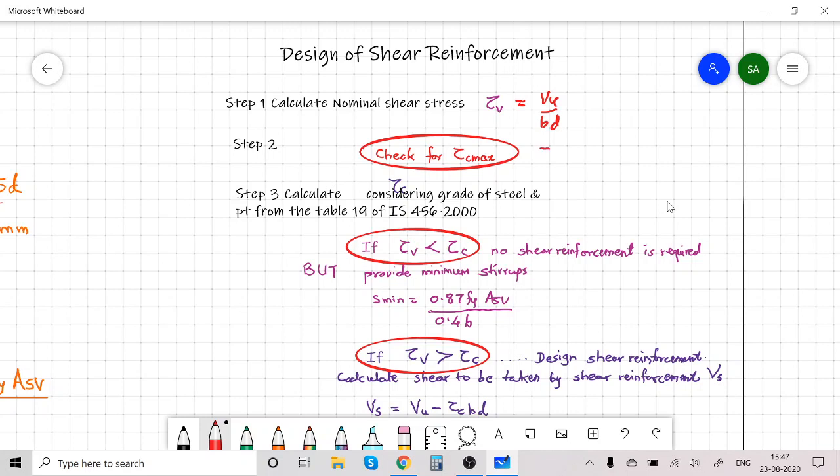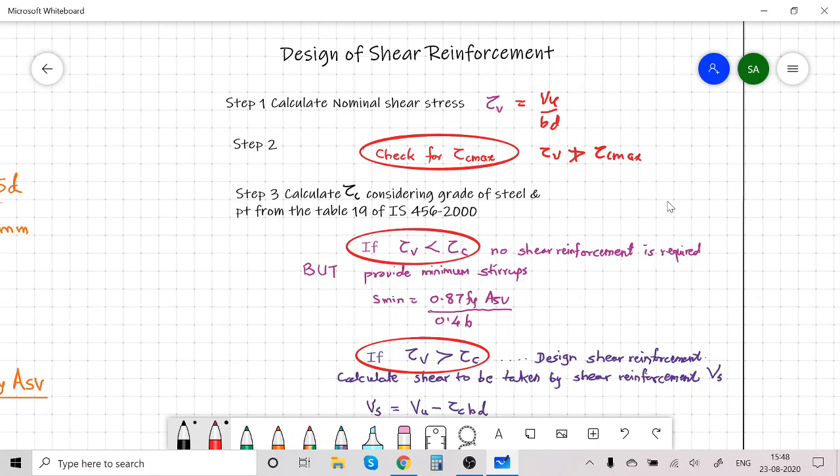This tau V should not be greater than tau C max. Then next step, calculate tau C, considering grade of steel and percentage of steel PT from table number 19 of IS 456 2000.